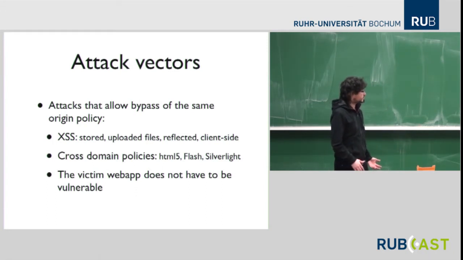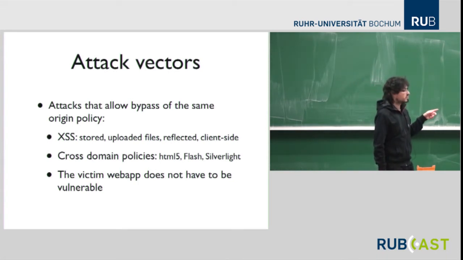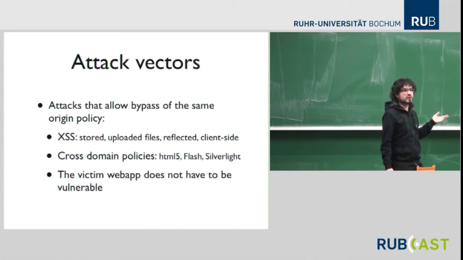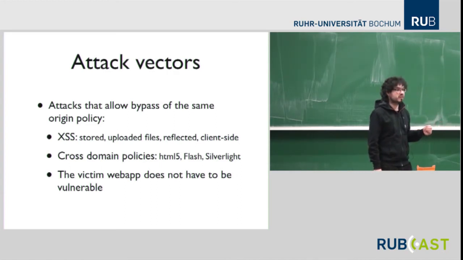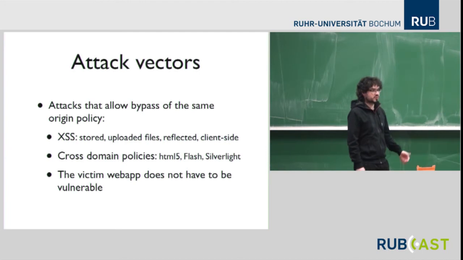Cross-domain policies, I support HTML5 and Flash. No Silverlight yet, and I didn't really test many sites with Silverlight yet, apart from one. But if there's some jQuery plugin that we can just put there, that would make it easier to support Silverlight.